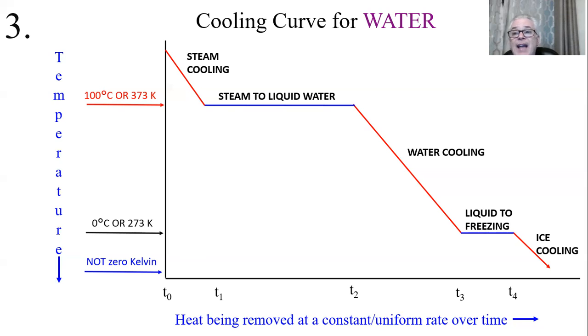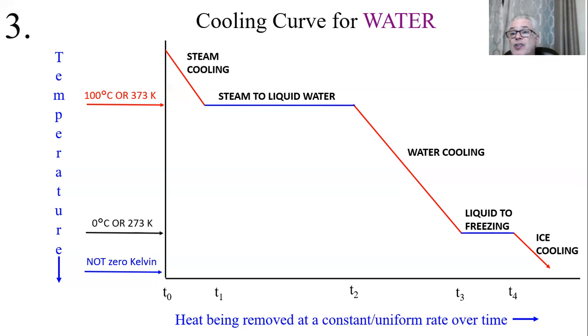But if we remove any more energy, the liquid is moving so slow now that the particles are actually attracted and locked together, and it begins to turn into a solid ice cube. And going across the blue line there from T3 to T4, that's where it becomes completely solid. At T4, our H2O is now an ice cube. It's a warm ice cube, but it's an ice cube, solid.